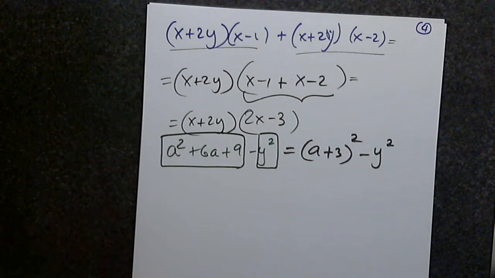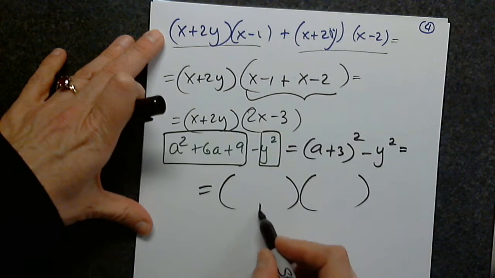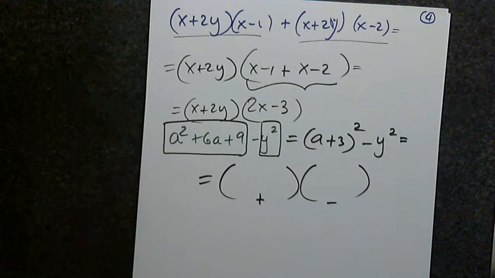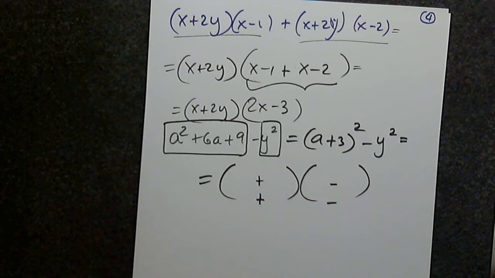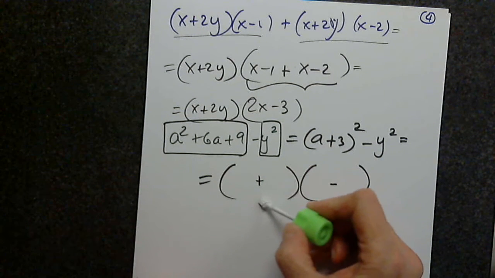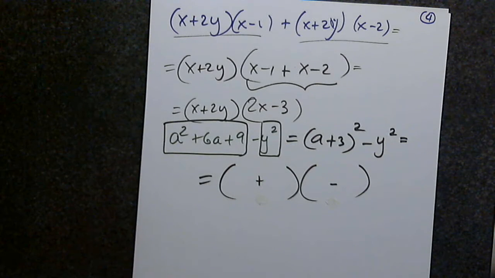How do I get that? Well, the difference of squares factors into a positive and a negative. So I can write it inside. I didn't have to write it there. Actually, I'm going to erase it. So the first one is a plus b, the first quantity plus the second quantity. And the second one is the first quantity minus the second quantity.